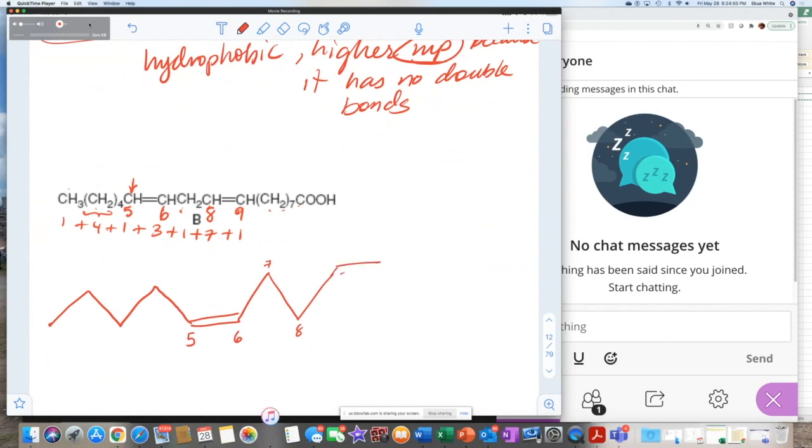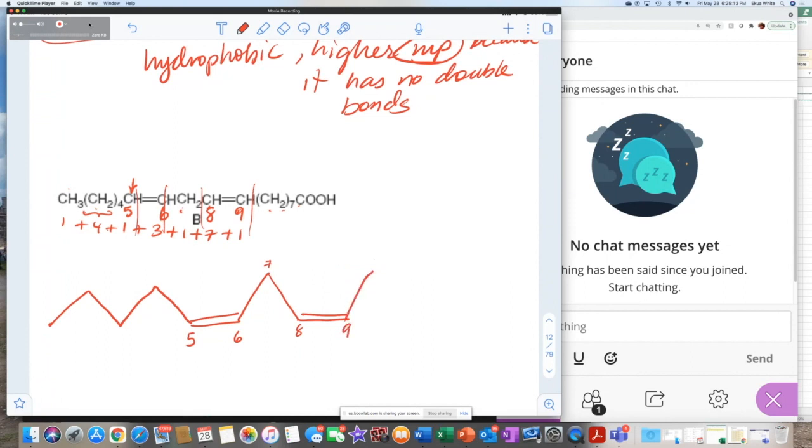Then my double bond will be up here, right? No, my double bond is between 8 and 9. Oh my goodness. Okay. I wasn't paying attention. I have to go back. Can I erase this one thing? I'm glad I took a pause there. Okay, so between 8 and 9 we have our next set of double bonds right here. So that's how it goes.